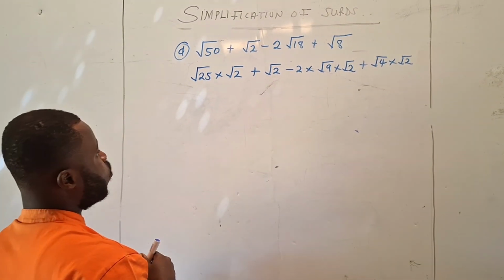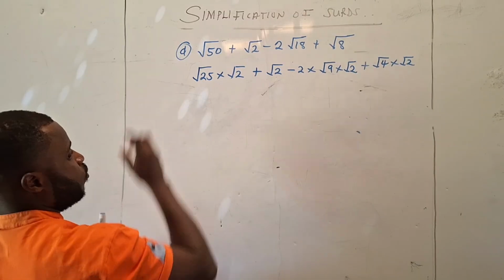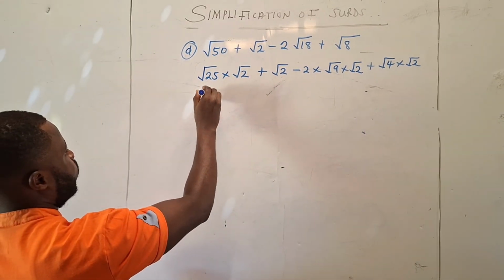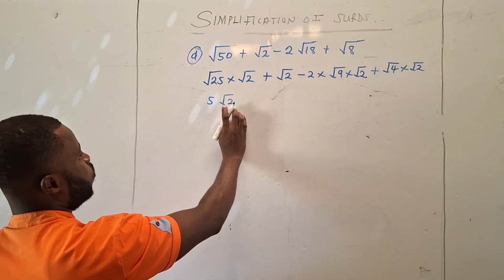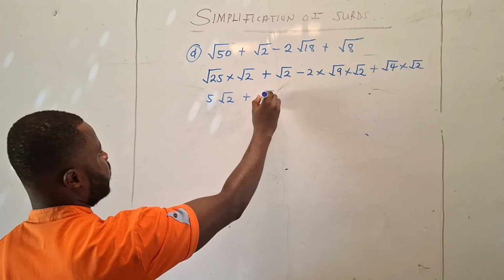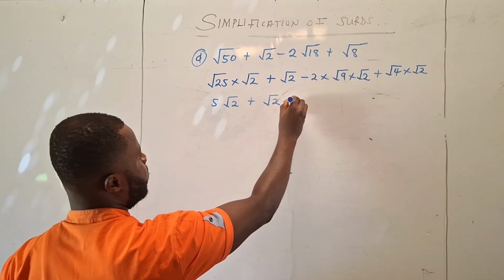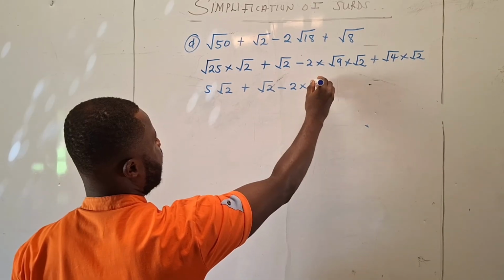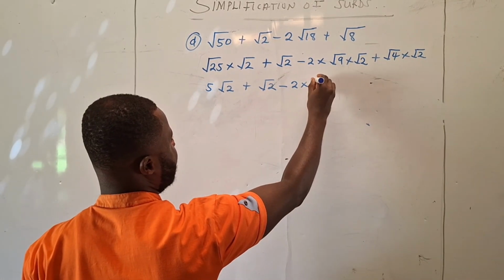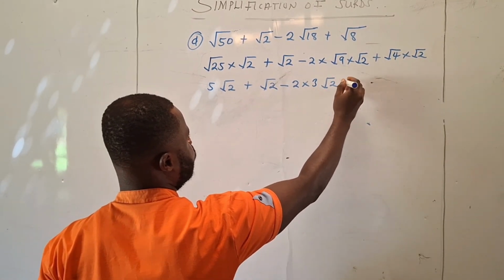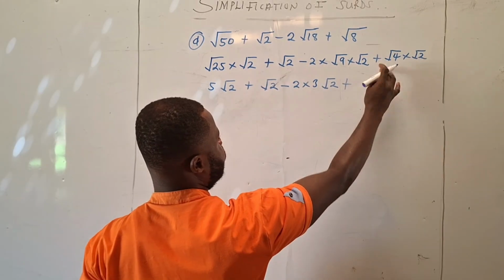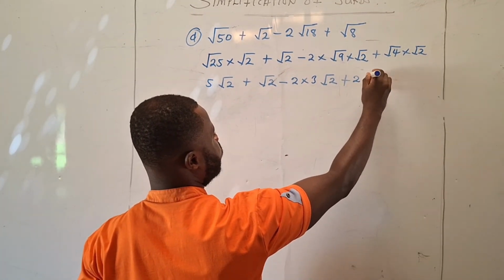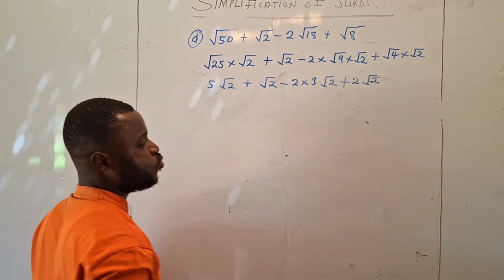Now, the square root of 25 is 5. So this one gives us 5 root 2 plus root 2 minus 2 times square root of 9, which is 3, root 2, plus root 4, which will give us 2, then this one, 2 root 2.